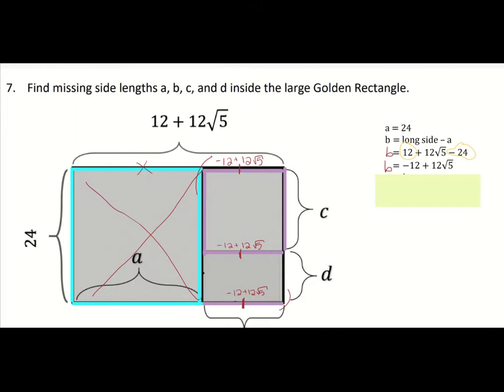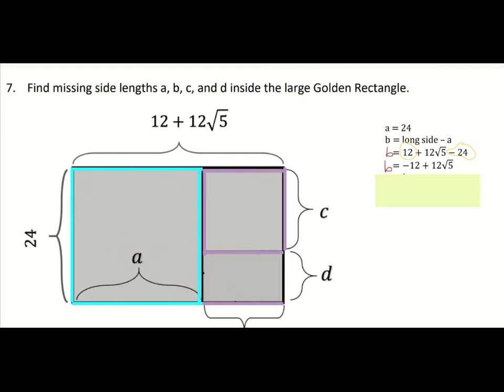So I know that this is a square. Okay, so in identifying that this is a square, we're going to identify that all four sides must be equal. Therefore, C also is negative 12 plus 12 root 5.